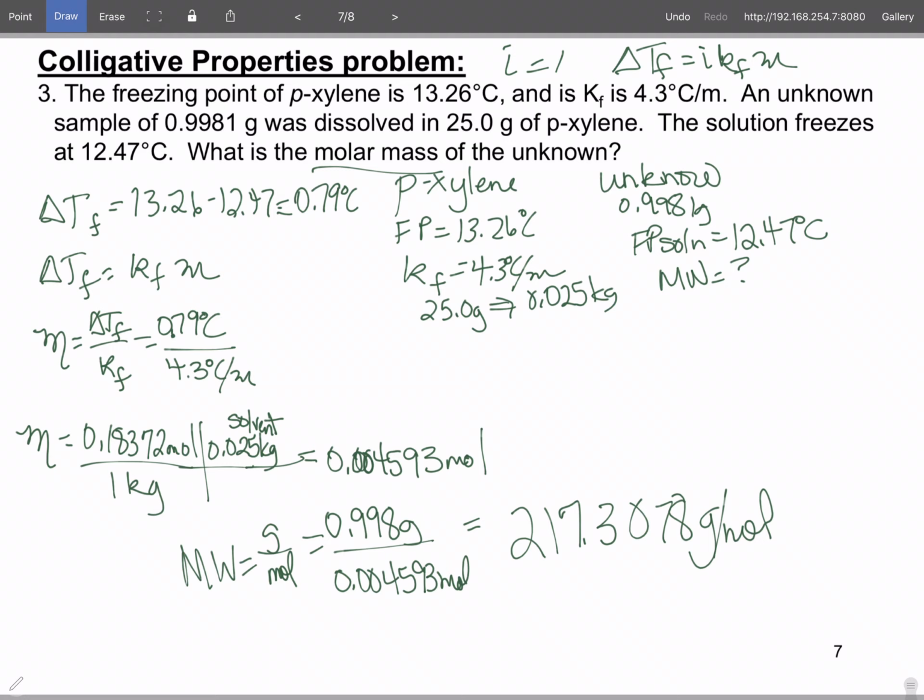When we do the freezing point depression in the lab, I'm going to be giving you the data. If you're actually in lab, you would produce the data yourself, but I will be giving you the data in the summer semester. So you're going to basically use this to determine the mass of your unknown.